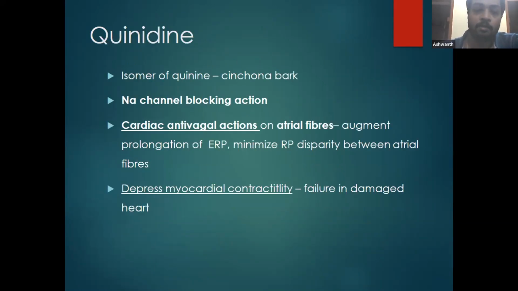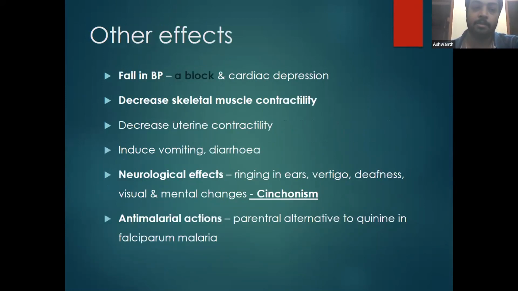Quinidine is an isomer of quinine derived from cinchona bark. It has a sodium channel blocking action and cardiac antivagal actions on atrial fibers. It augments prolongation of the effective refractory period, minimizes refractory period disparity between the atrial fibers, and also causes depression of myocardial contractility. Hence, there is failure in a damaged heart.